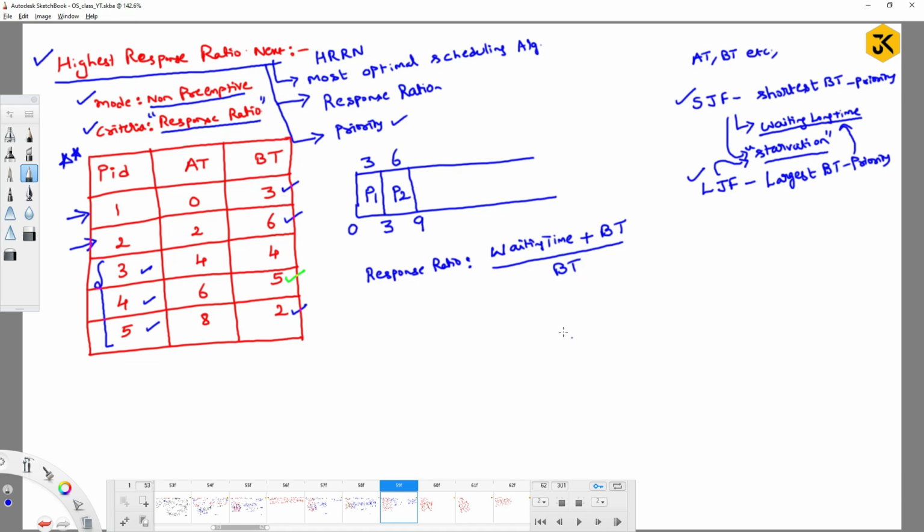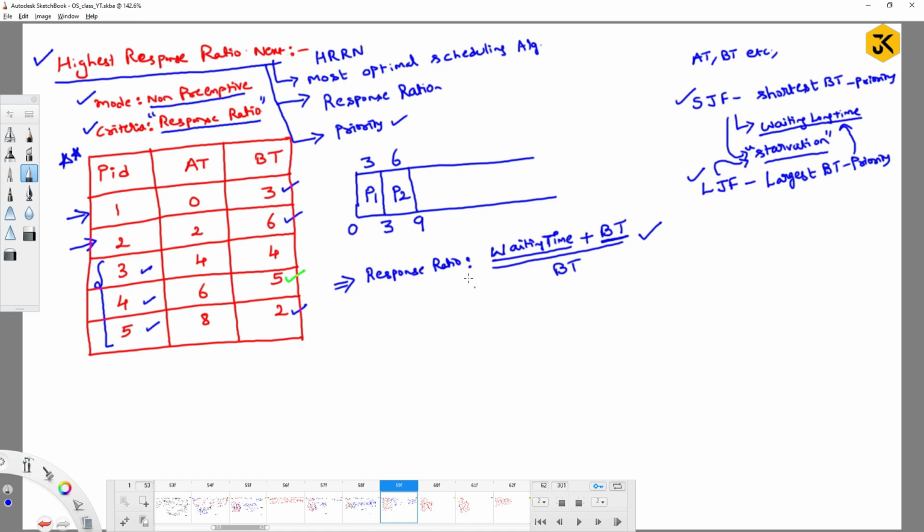If you observe this, as the waiting time increases, the numerical value increases. Am I right or not? So it will give the chance to the process whose waiting time is more, and it will also consider burst time. You have to calculate the response ratio for all the processes, and give the chance to the process whose response ratio is more.